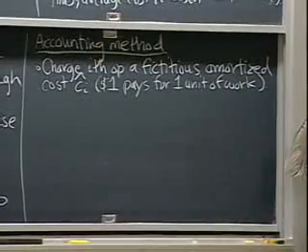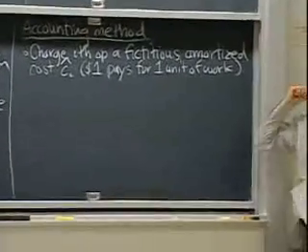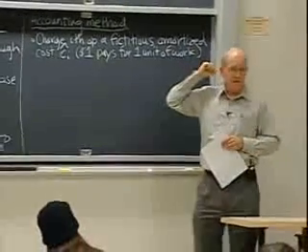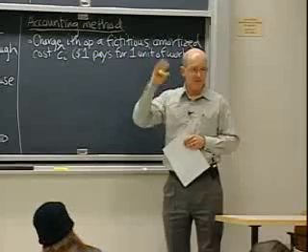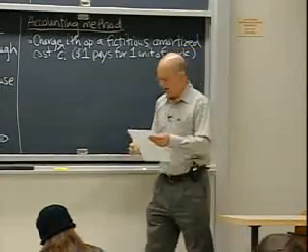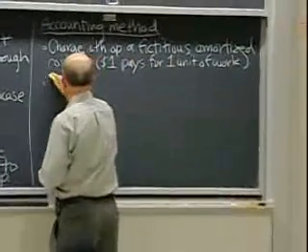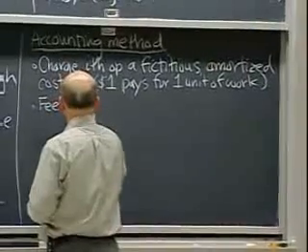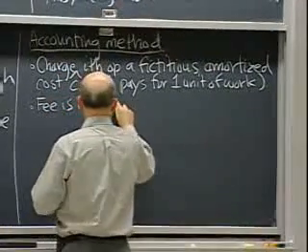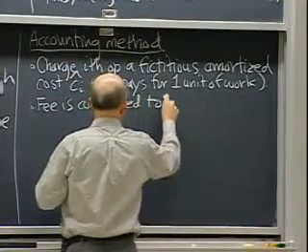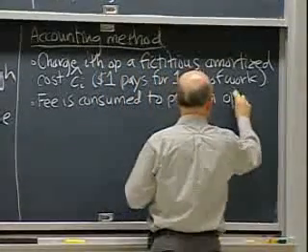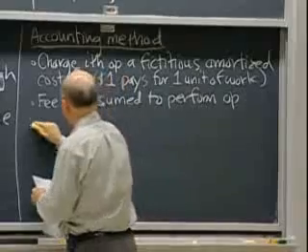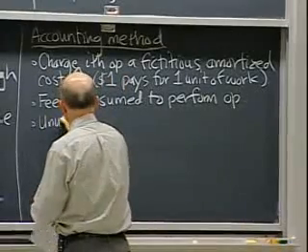Okay, so the idea is you charge a cost. You say this operation will cost you $5 or whatever. And that fee is consumed to perform the operation. But there may be some unused part.